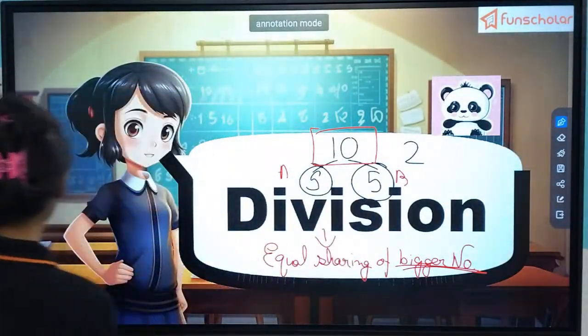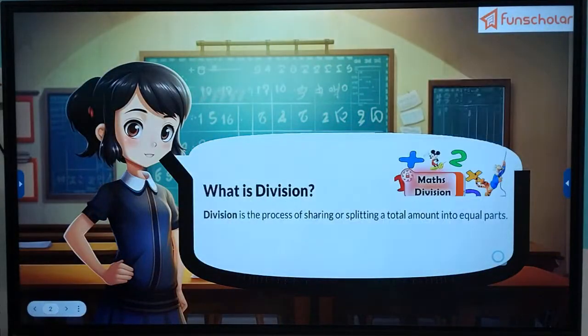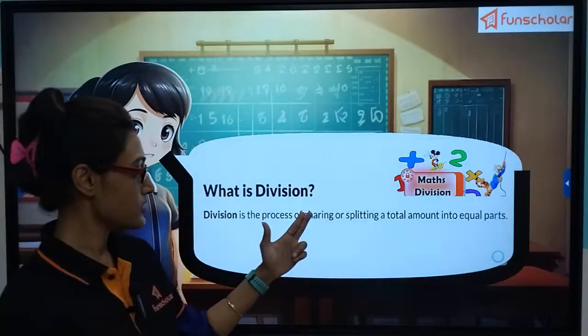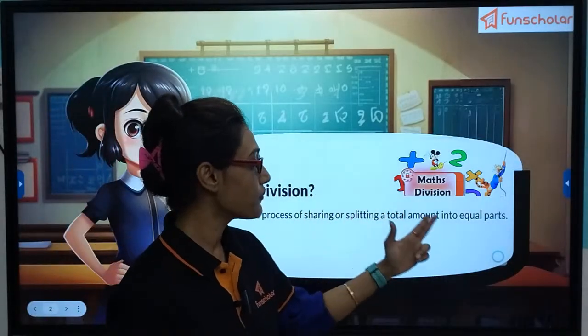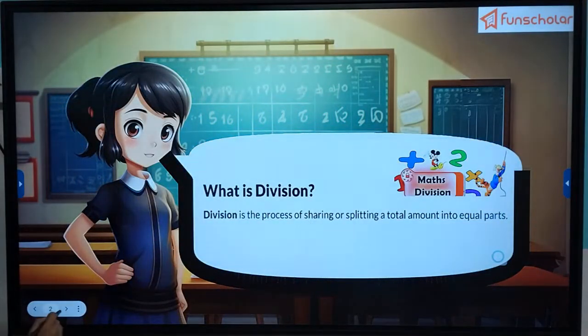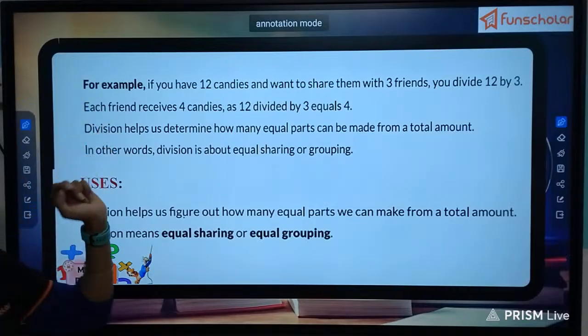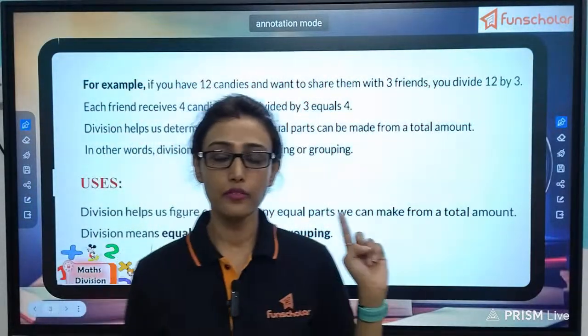Okay, this is division. See, division is the process of sharing or splitting a total amount into equal parts. Just now I have discussed this with you. Now, example. I have given you an example with cards.